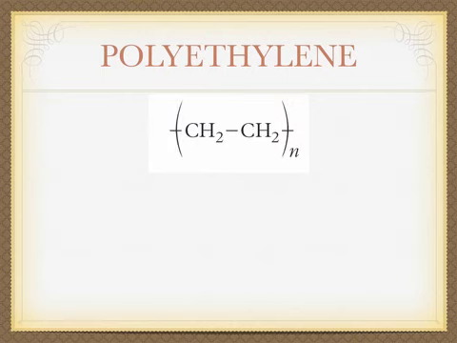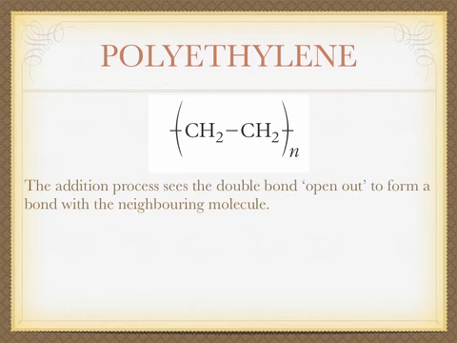Polyethylene, therefore, is a long segment of ethene molecules joined together. You could represent this with a section of CH2 singly bonded to a CH2 neighbour, in brackets to the n, where n is any number up to a few thousand. Now the addition process sees the double bond open out to form a bond with the neighbouring molecule.